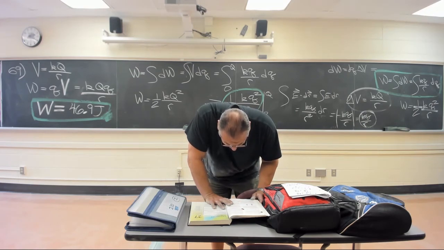These are positive charges. Determine the electric potential at the point x equals 0 due to this set of charges.